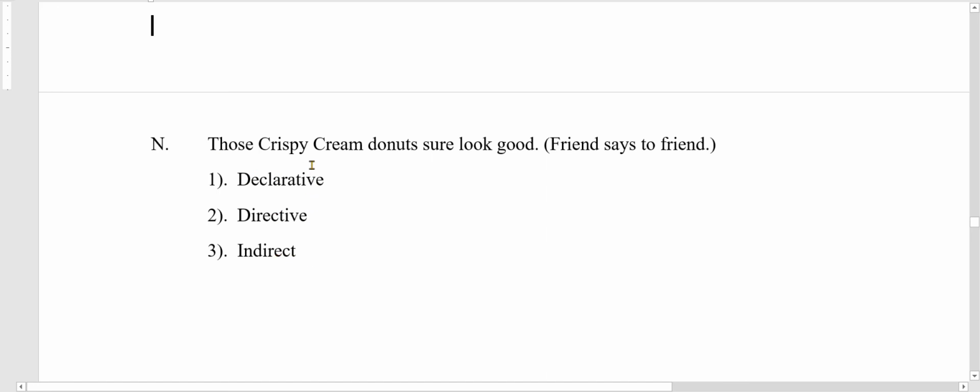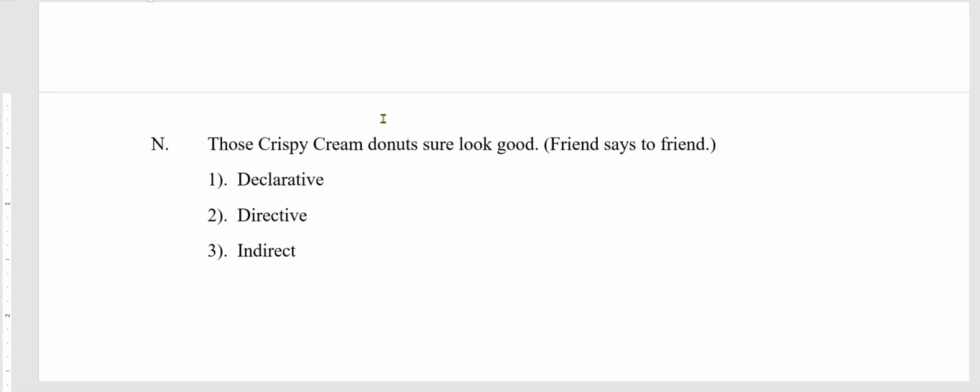If you don't see any indirect meaning at all in it, then you would say declarative, assertion, direct. That's the other way to look at it. But I think it's more likely because the friend's talking to the friend. And if your friend says, those donuts sure look good, you're more likely to say, do you want one? That would be a common response to that sentence.